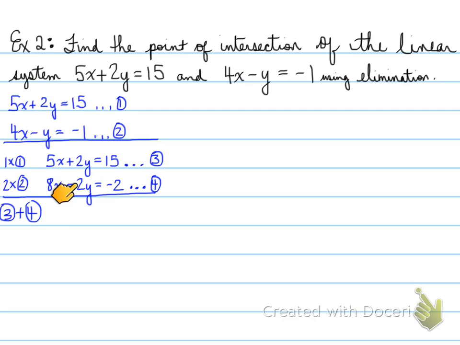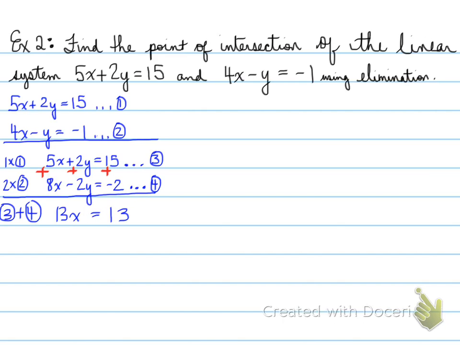So if the signs are different, just like they are here, we're going to add the equations. If they're the same, like the previous example, you would subtract. So, adding the two equations, you get 13x is equal to positive 13, because this is 15 minus 2, which is 13.